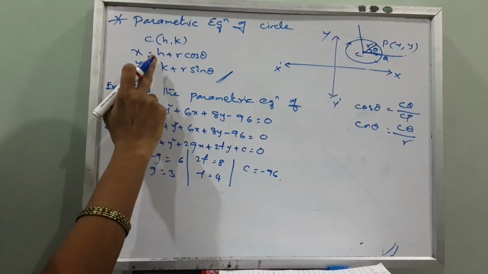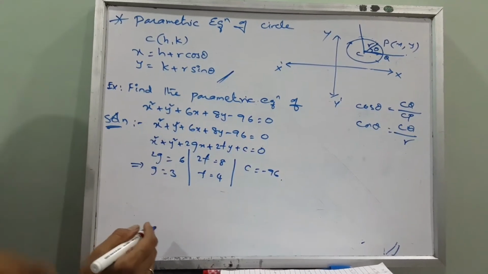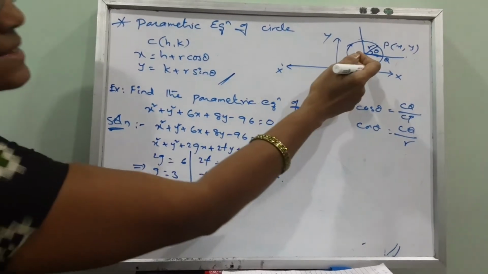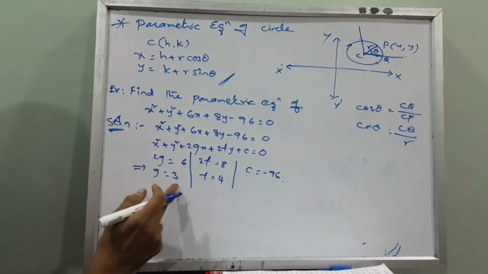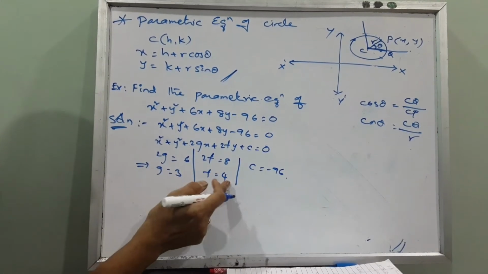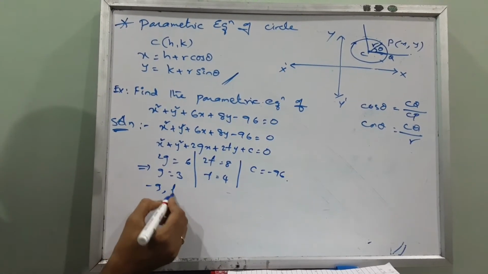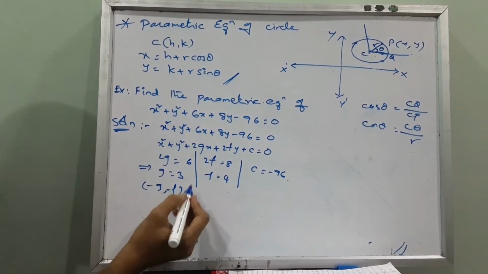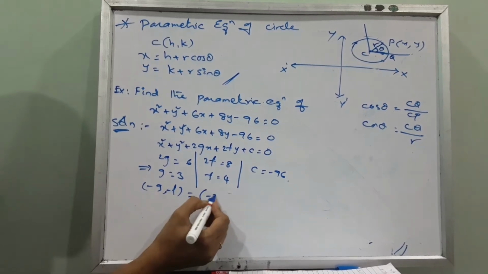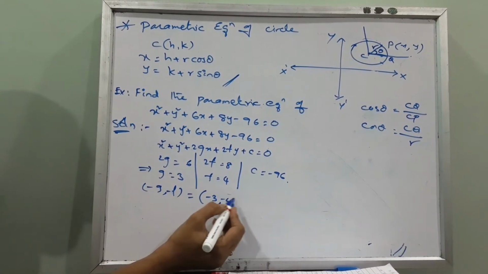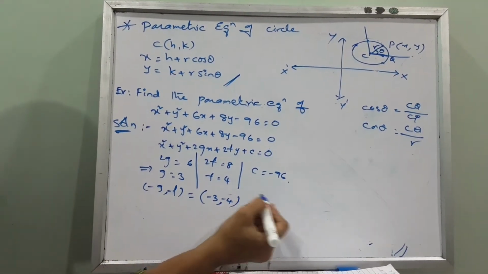Here x is equal to h plus r cos theta. What are the h, k values? Center is nothing but (h, k). The center is (minus g, minus f), which is (minus 3, minus 4).